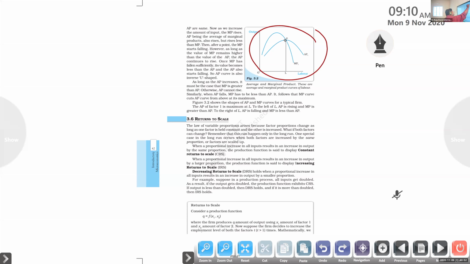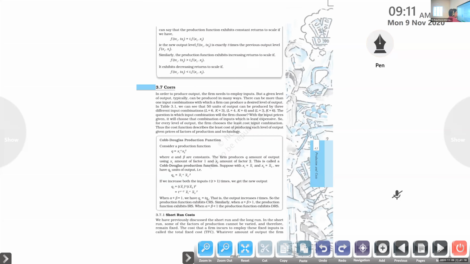Up to a level, marginal product is more than average product. But on attaining equilibrium, the average product curve is higher than the marginal product curve. The same application you can find here also.